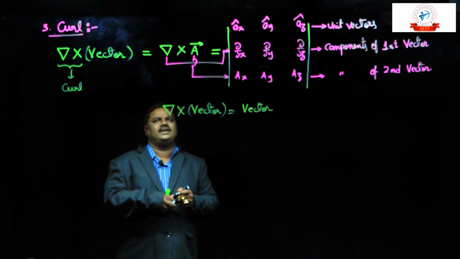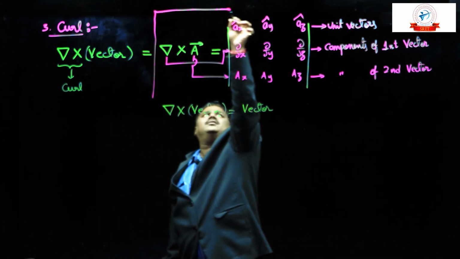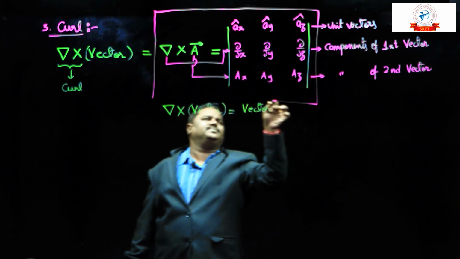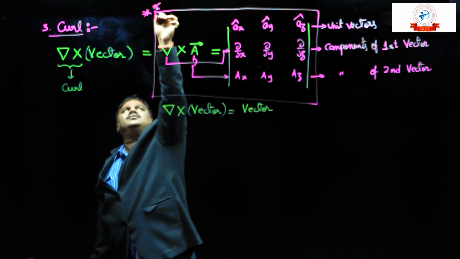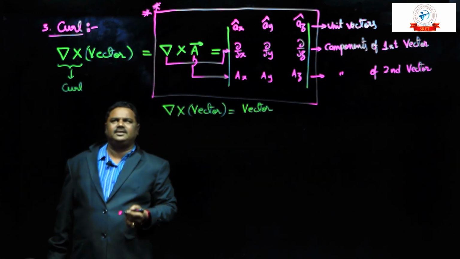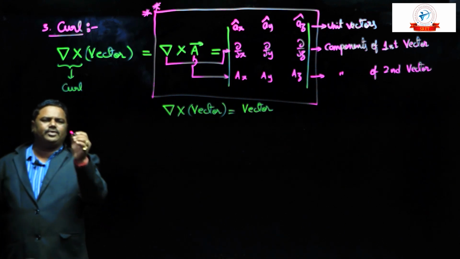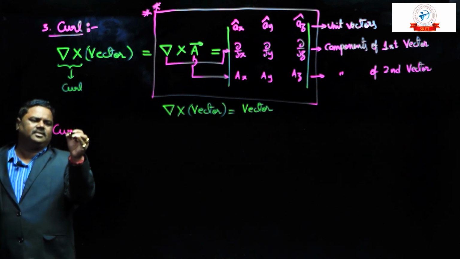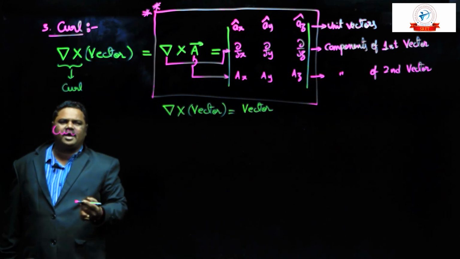So finally, this is the formula for the curl operation. Once you know the curl operation, we will discuss its meaning. In general, you know what is meant by curl or curling: curling means rotating or circulating.